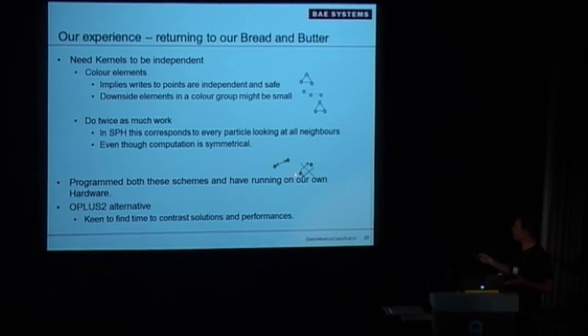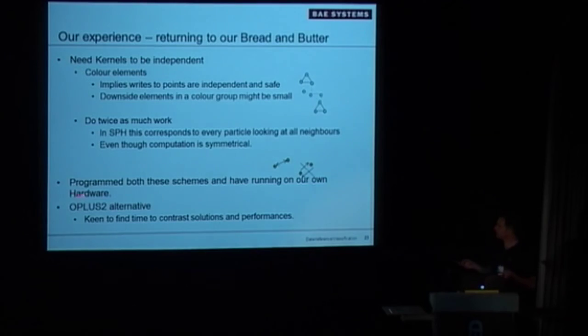So that particle computes the force between those two particles and does the update, and the other particle does exactly the same. So I'm doing twice as much work, but it means I've got no locking in the code, no small colour groups.